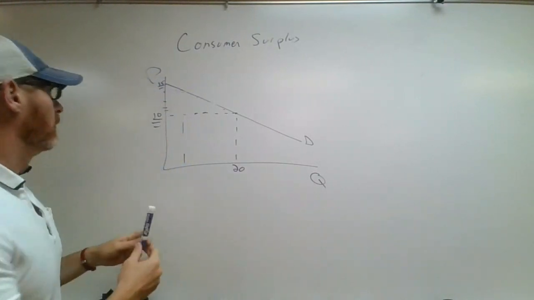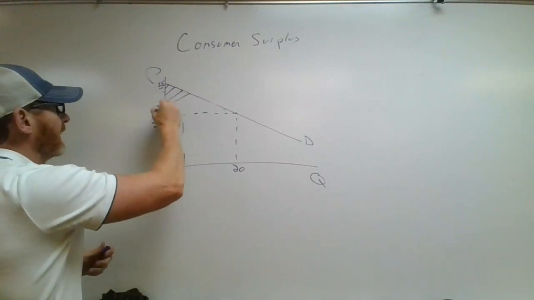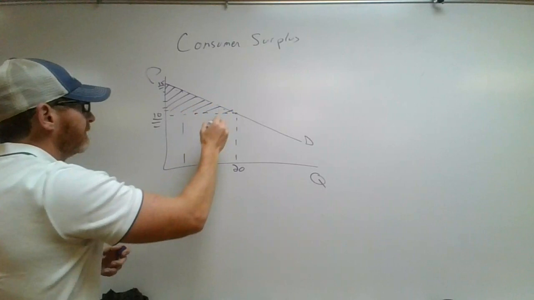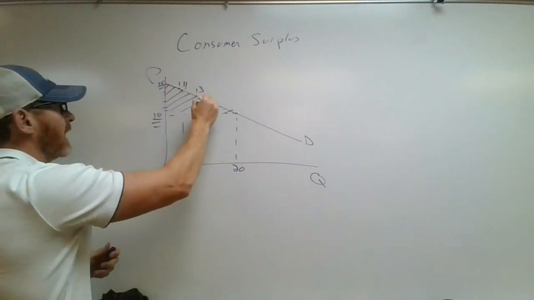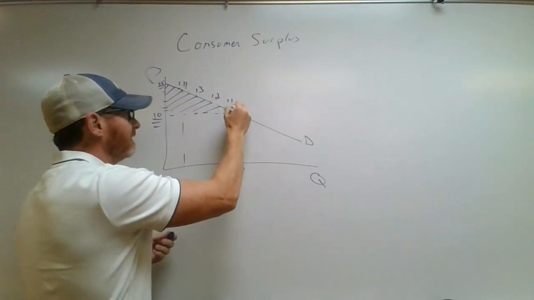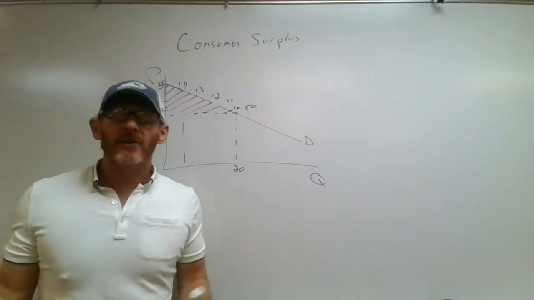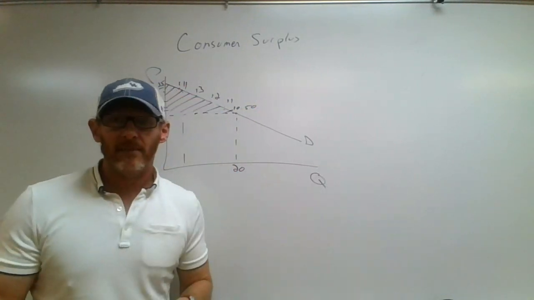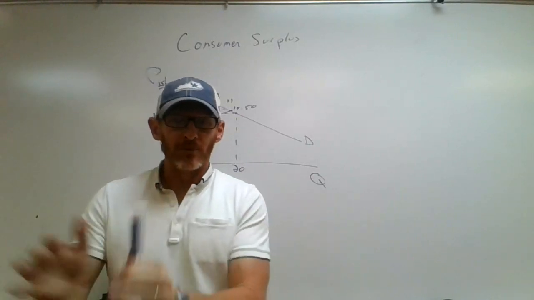Okay? So what that means is that all of this area right here, if you are in this area, if you would pay $14, or if you'd pay $13, or if you'd pay $12, or if you'd pay $11, or even if you'd pay like $10.50, if you pay any of those amounts, you're feeling like you're coming out ahead only paying $10. So what you're experiencing is what we call consumer surplus.